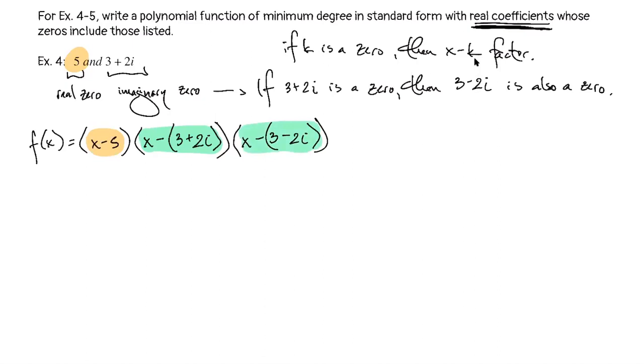So if 3 plus 2i is a 0, then x minus 3 plus 2i is the factor. And if 3 minus 2i is a 0, x minus that 0 is the factor.